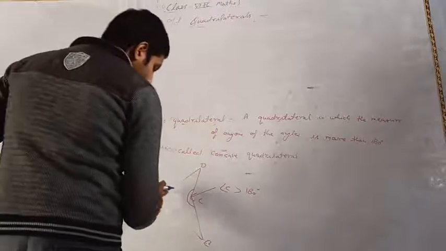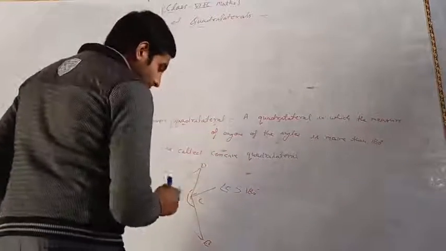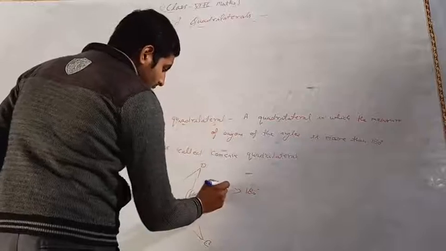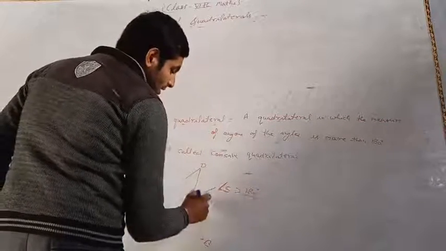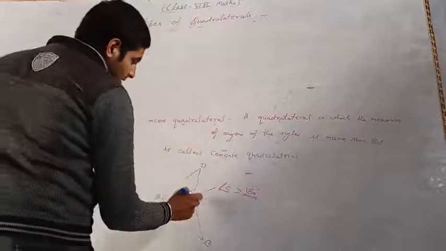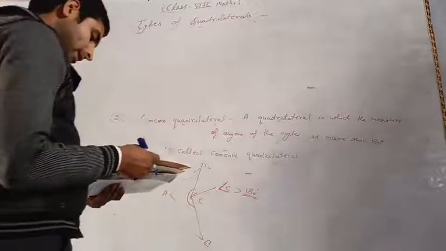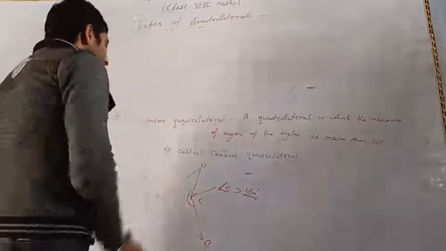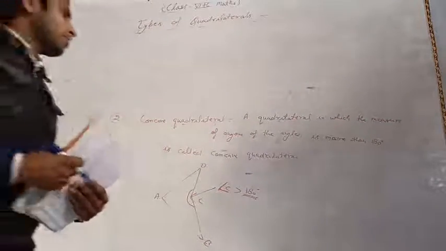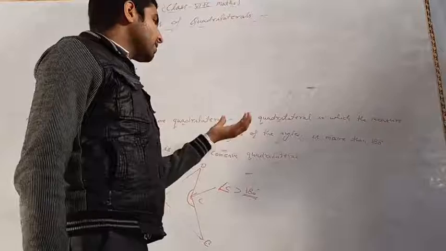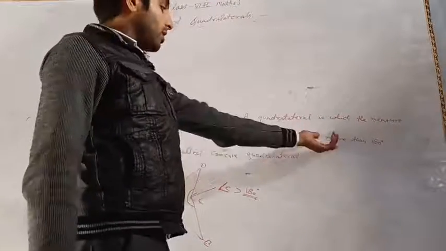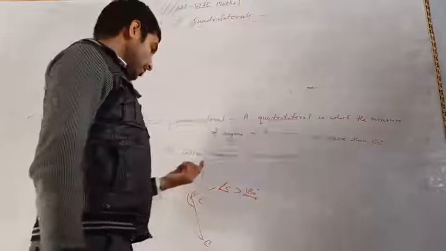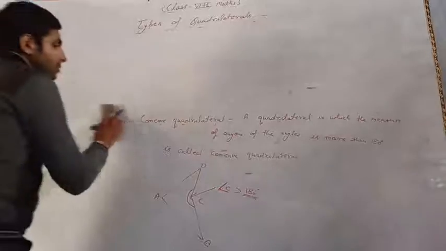Here ABCD is a concave quadrilateral, and the angle C is greater than 180 degrees. So this is called a concave quadrilateral. You have to learn this definition: a quadrilateral in which the measure of any one of the angles is more than 180 degrees is called a concave quadrilateral.